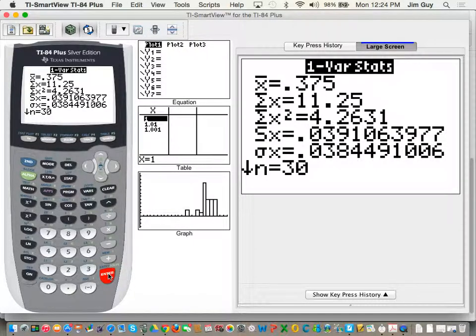We took a sample of those beans, and every one of you took a sample. That's where the S of X comes from, and it's always going to be a little bit bigger. It just gives you a little bit more room for error. The other one is if we took the whole population. So that's the population standard deviation, and here's the sample standard deviation.